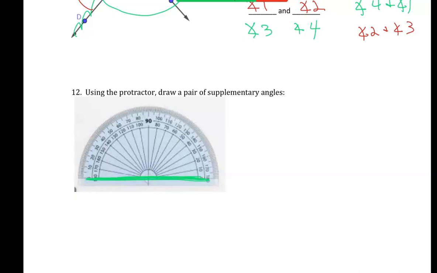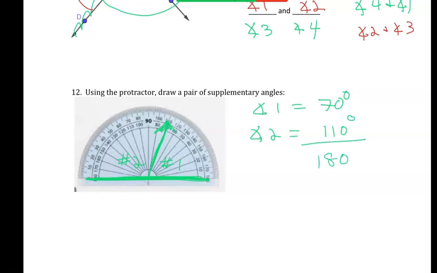So then go ahead and draw a ray somewhere on this line, and that's going to give you angle 1 and angle 2, and they're going to sum to 180. What are those angles? Angle 1, if I read off the protractor, that is 70 degrees, and angle 2 is going to be 110.